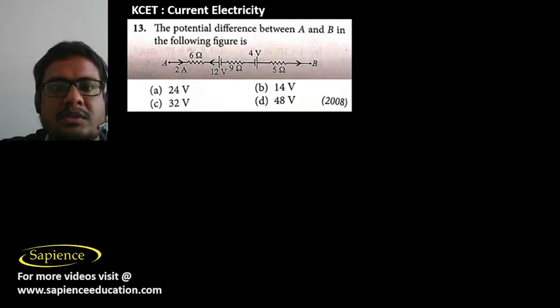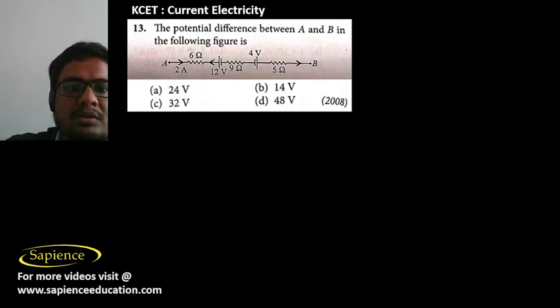Then in question number 13, it is told, the potential difference between A and B in the following figure is?